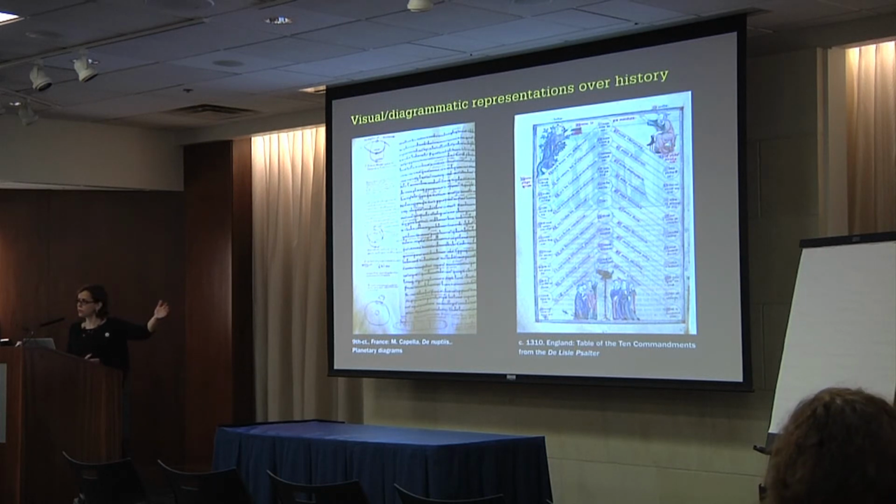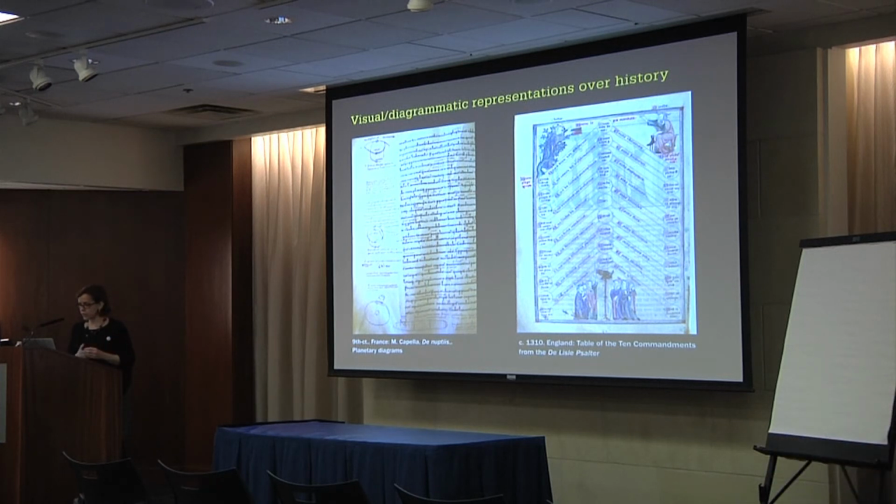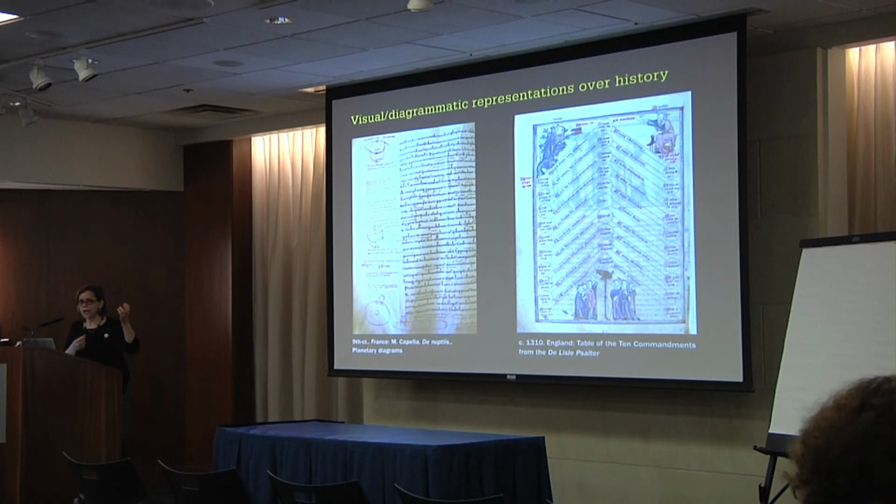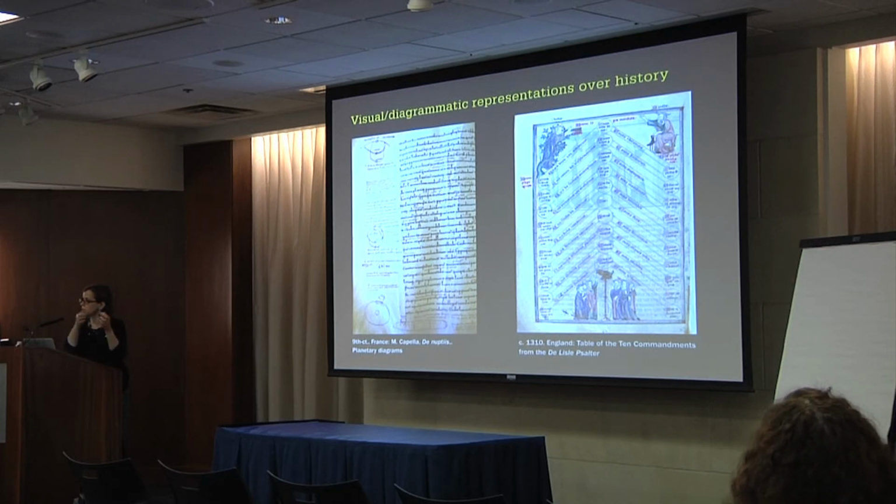There are several medieval scholars from whom I have learned that some of those diagrams were made in the marginalia so that people doing things could understand what was going on. Here we're looking at planetary diagrams, and sometimes those were later incorporated into the main text, and sometimes not.